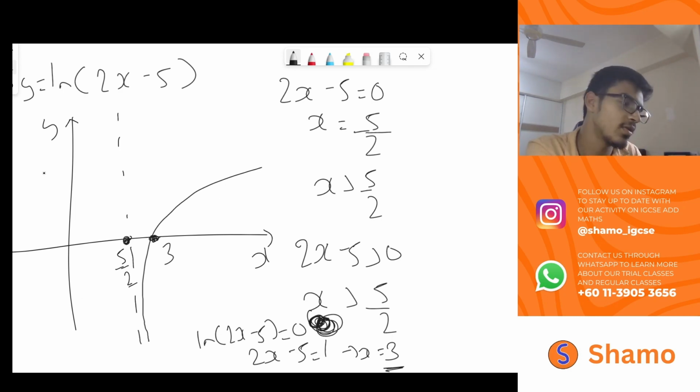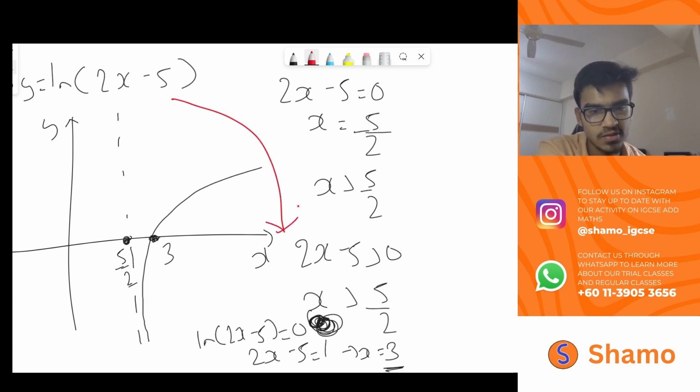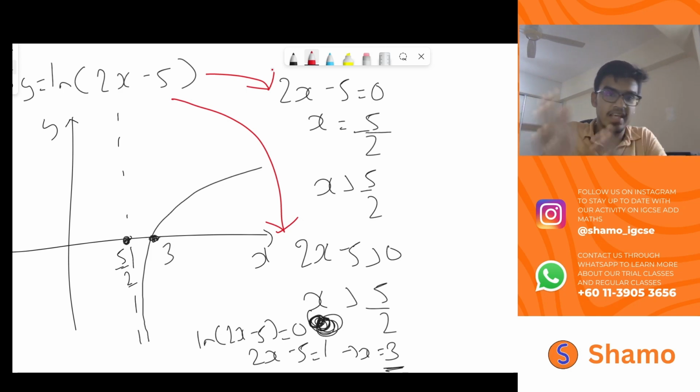Okay, here's how you can remember it: whenever you have any logarithmic function, the argument should always be greater than 0. So to find the asymptote, do what I did here: 2x minus 5 greater than 0, or 2x minus 5 equals 0. That way you can get the equation of the asymptote, but it's for you to judge on which side of the asymptote it will be.